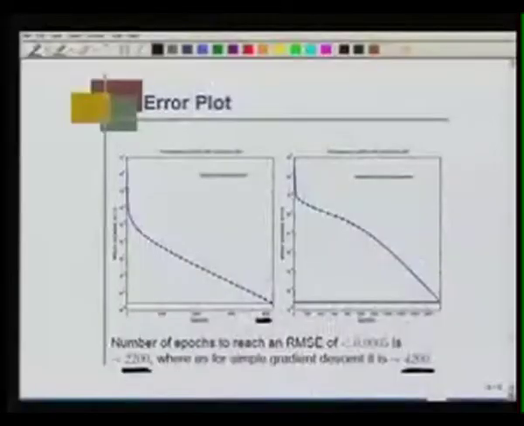So, this is called the speed of convergence. The convergence speed is almost doubled using this momentum term. It is not that always by adding momentum I can increase the convergence speed, but in some cases, because it is a heuristic, it is not always true.